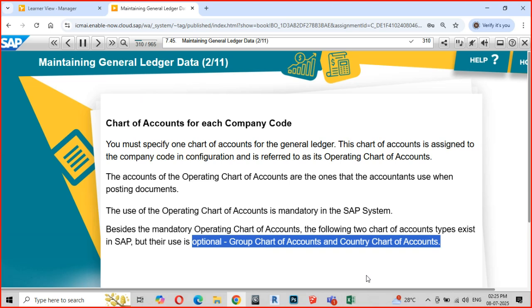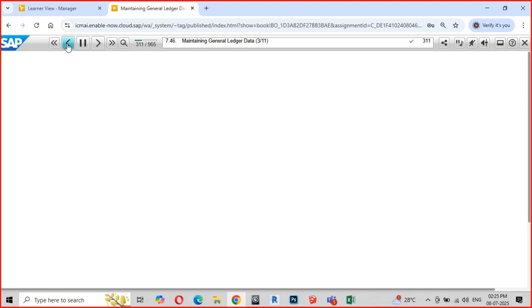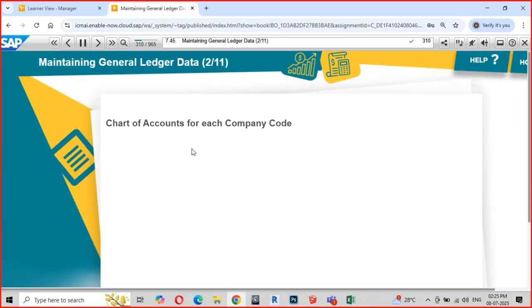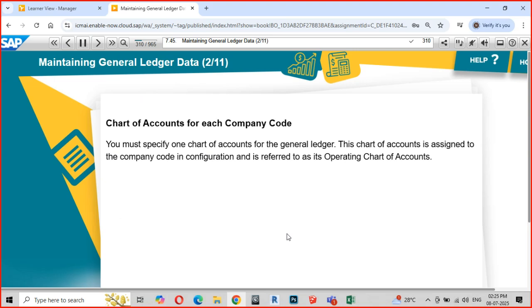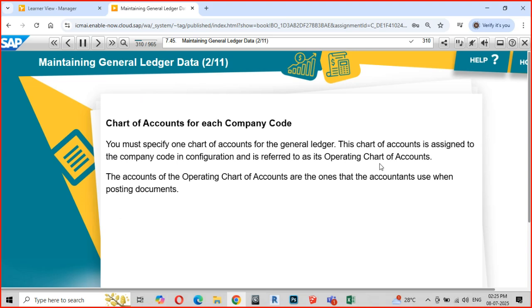It is not compulsory. See, one slide, so many things to explain. It's only one slide, that's it. But do you know what is the impact of this? Did you understand what exactly it is?